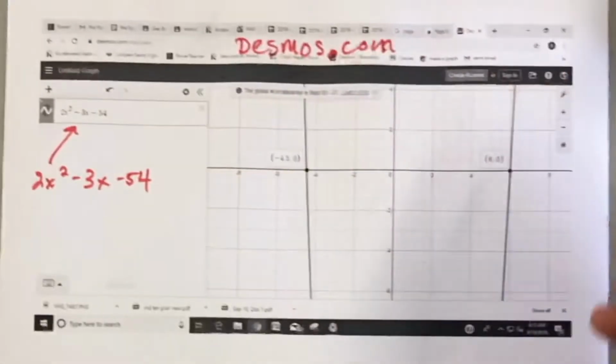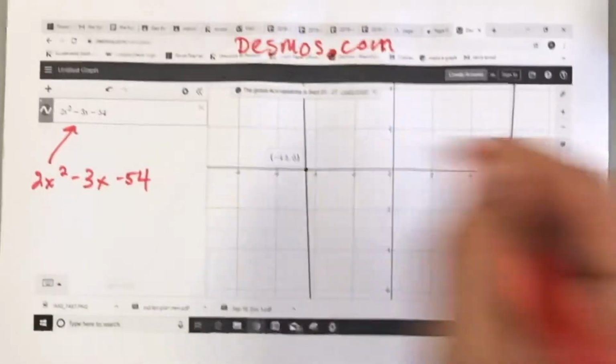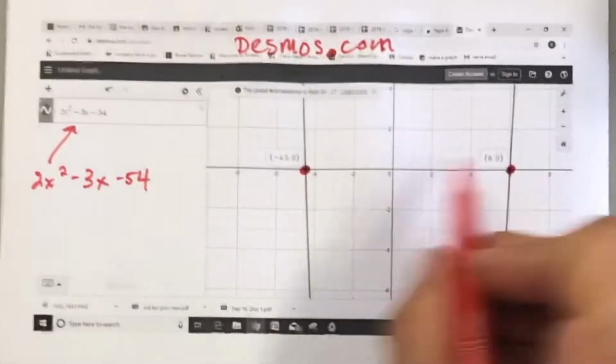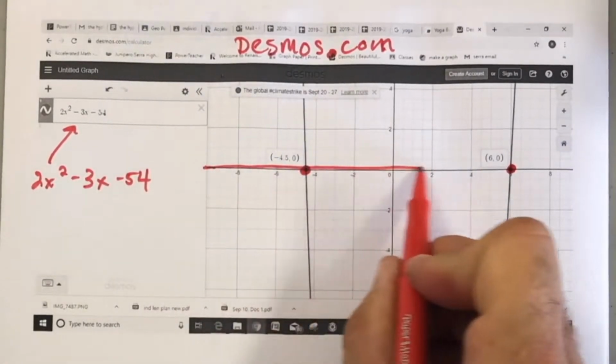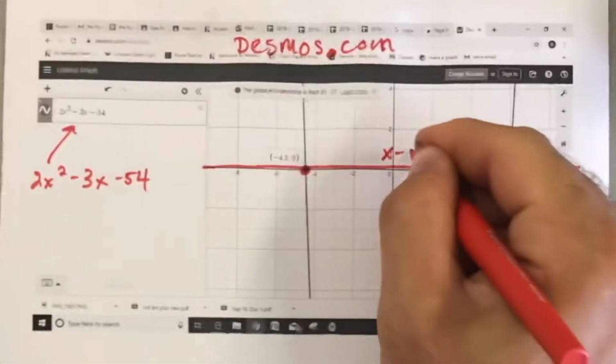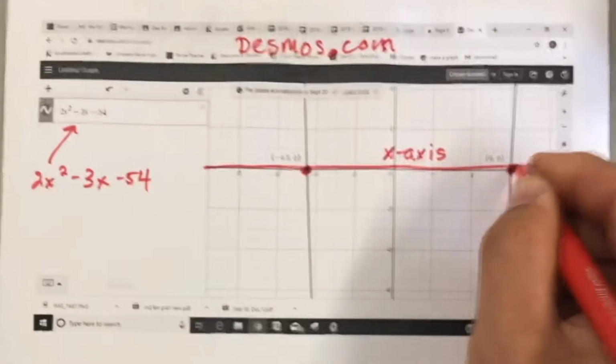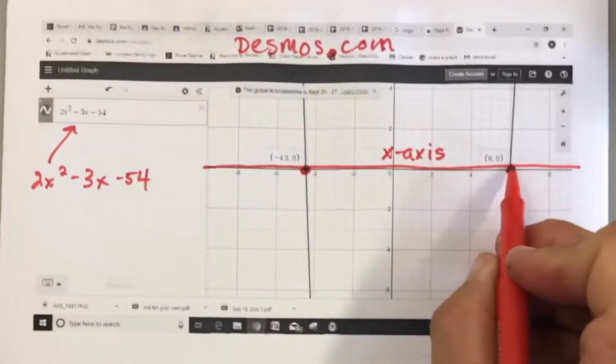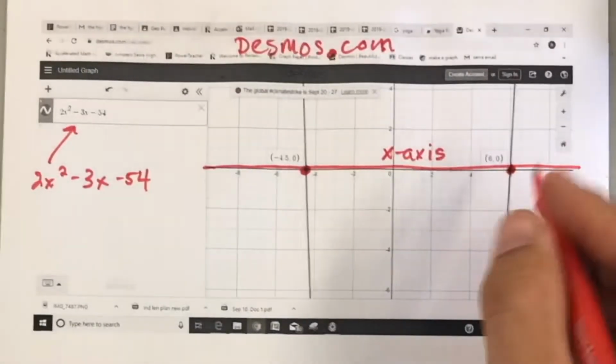We put this into Desmos, desmos.com. And when graphing it, it shows us 2 points that intersect my x-axis. And those 2 points actually give me my zeros without doing any of that unfoiling.